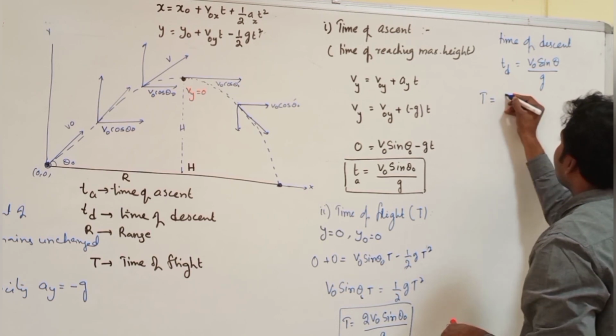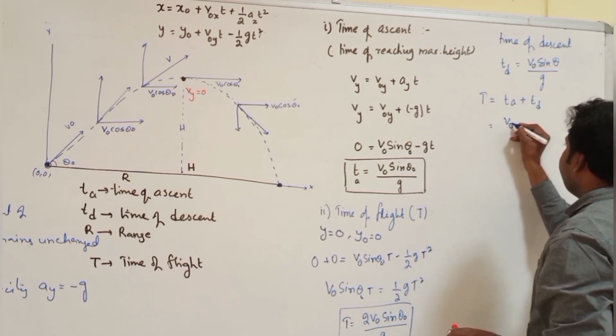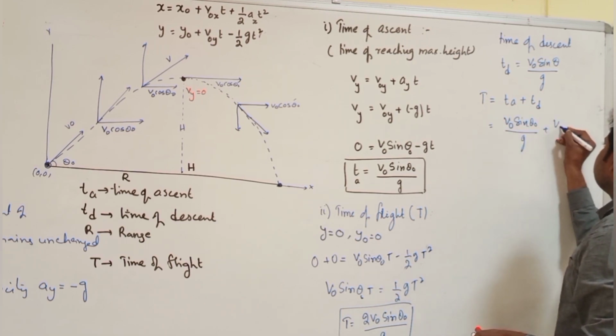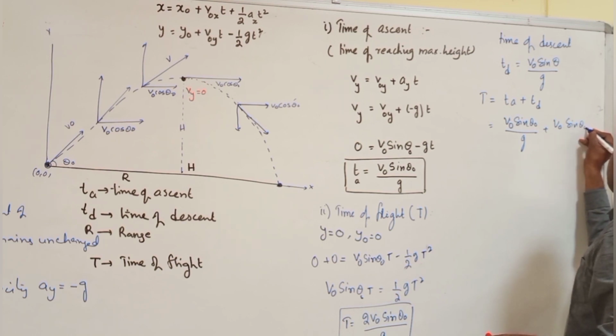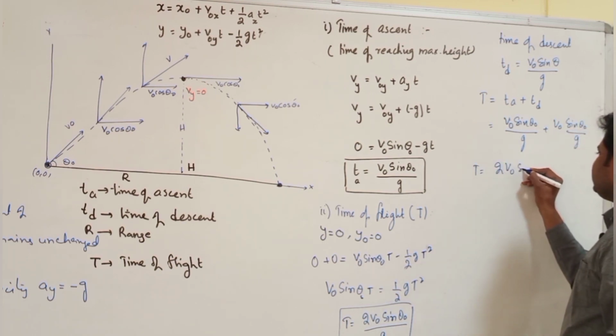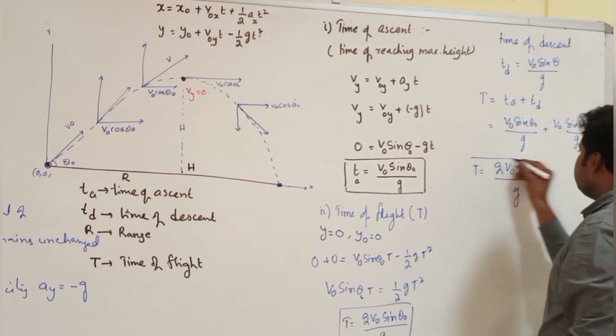Total time of flight is equal to time of ascent plus time of descent. You can simply write it as v naught sin theta naught by g plus v naught sin theta naught by g. So the total is equal to 2 v naught sin theta naught by g. This is the time of flight.